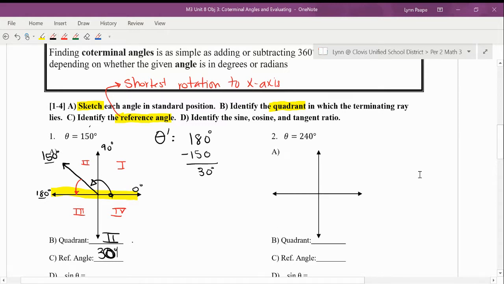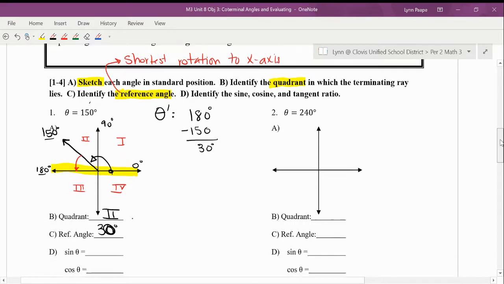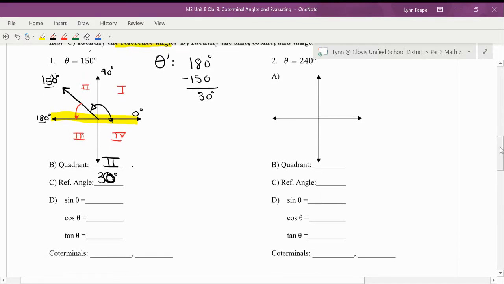All right, so now we want to find the sine, cosine, and tangent. The way we're going to do that is, if that reference angle is 30 degrees, then I could certainly draw in a triangle. I know my ratios for 30, 60, 90, so let's call that 60 right here. Across from the 30 is going to be 1/2.